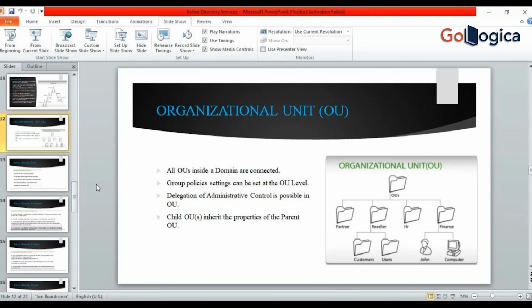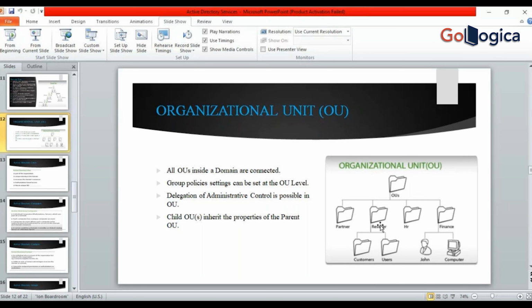I'm talking about how organizational units are defined. In your organization there are major verticals, like partners, resellers, HR and the finance teams. Then they again have other entities inside them.